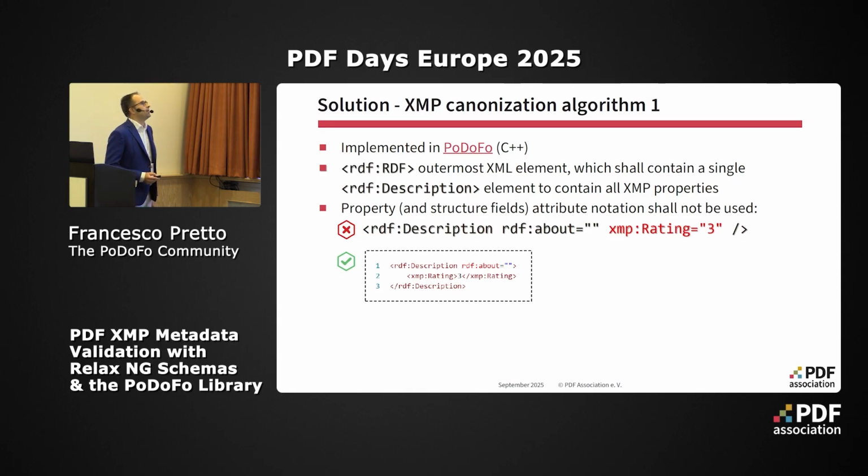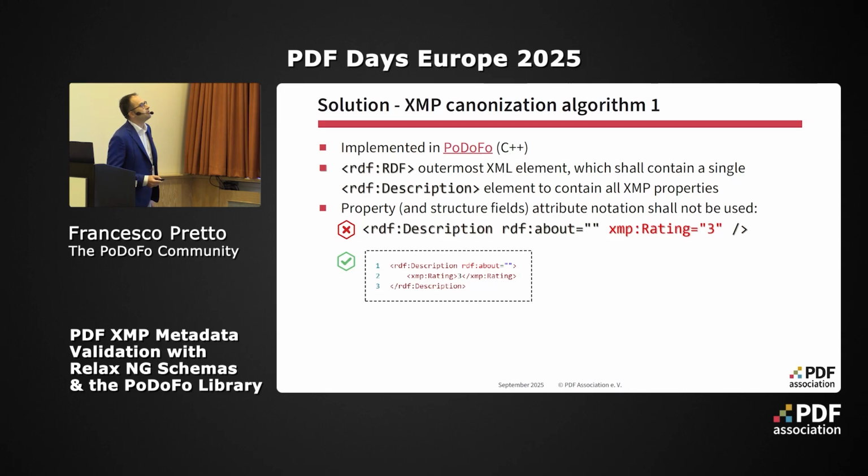So the RDF element is the outermost element for the XMP packet, and it shall contain a single RDF description element with all the XMP properties. As I was telling you, the canonicalization algorithm is mostly about removing the attribute notation from the description of the properties.